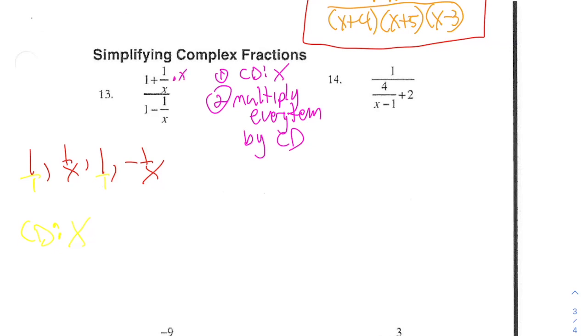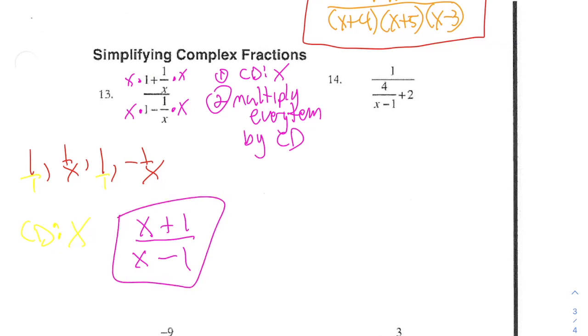So this times x, this times x, this times x, and this times x. So now we get x plus 1, because this is x over x, all over x minus 1. So 1 times x is x, 1 over x times x is 1, 1 times x is x, and negative 1 over x times x is 1. Okay, and that's it.